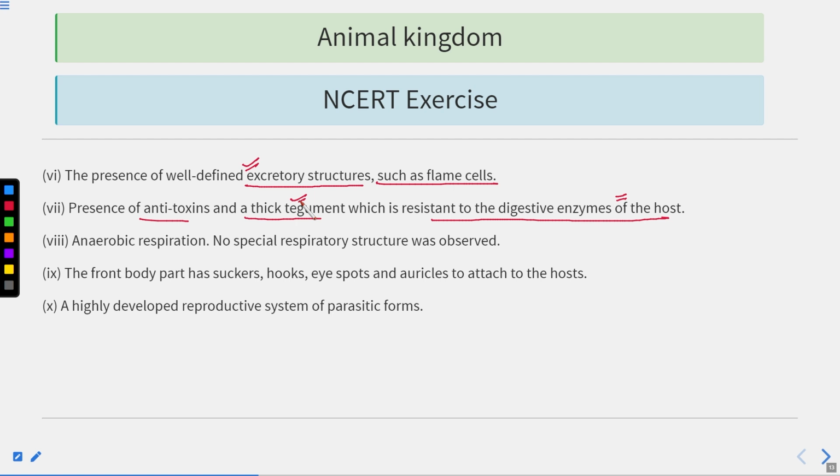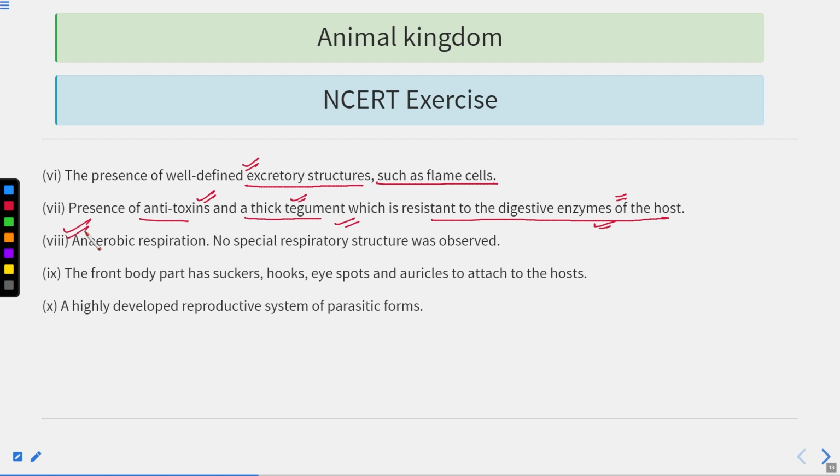Okay, it is a thick wall, and that protects them from getting digested by the digestive enzyme that is secreted by the inner tract of the organism, right? So they also release some antitoxin, and have a thick tegument which is resistant to the digestive enzymes of the host.